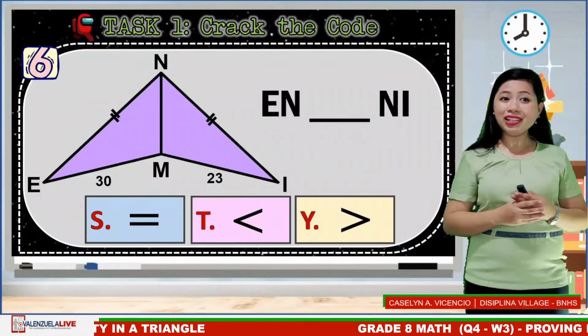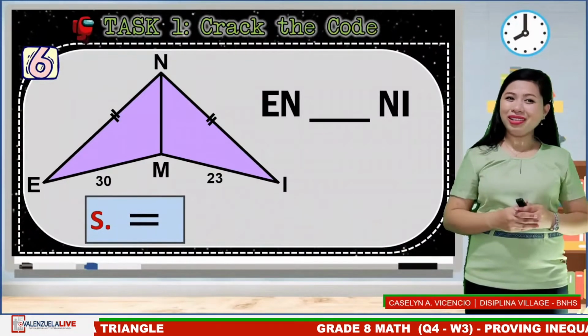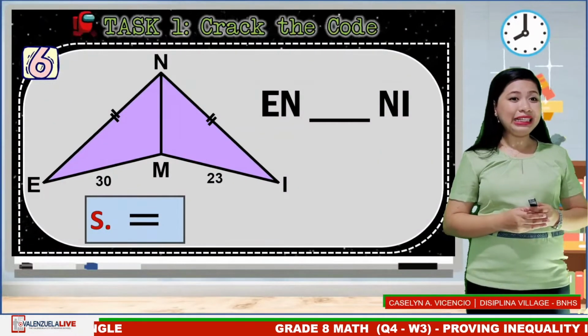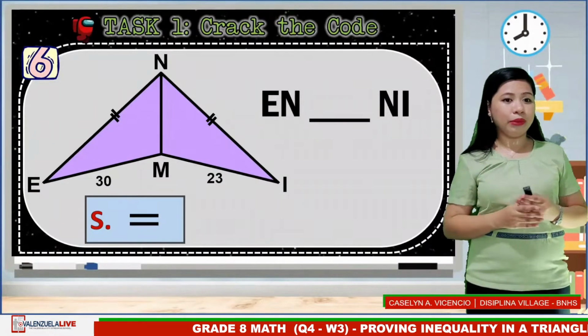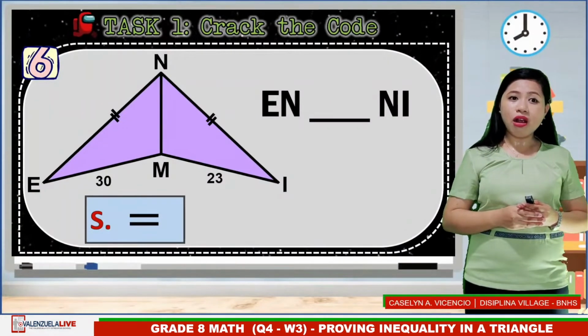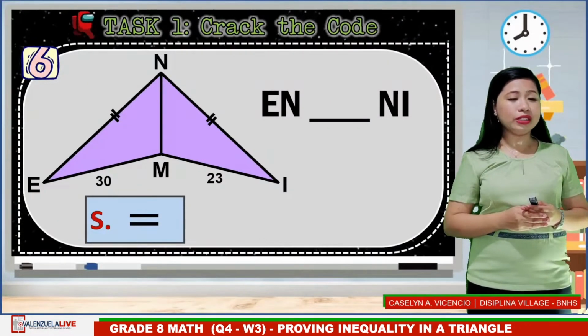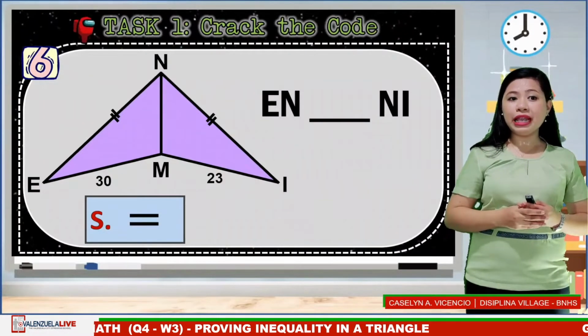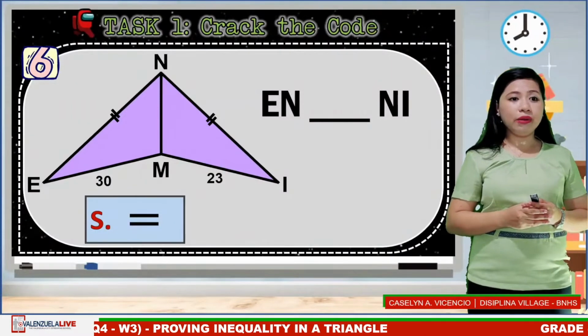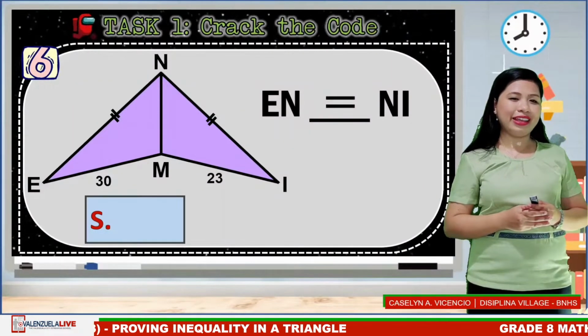If you answered S, you are awesome. Side EN and side NI have the same tick mark. Tick marks are used to show which sides are congruent. Hence, the measure of side EN is equal to the measure of side NI.